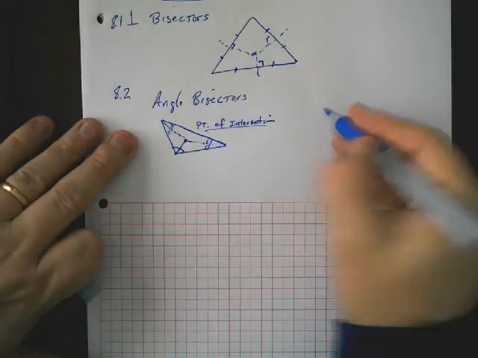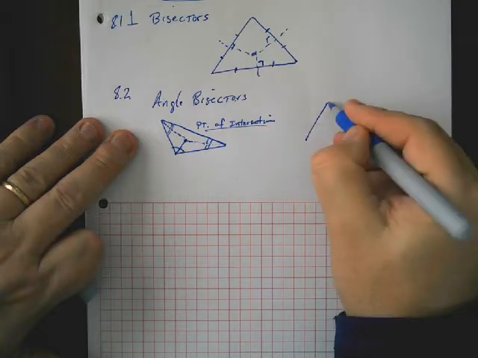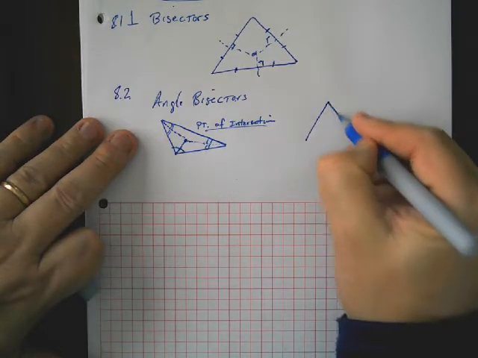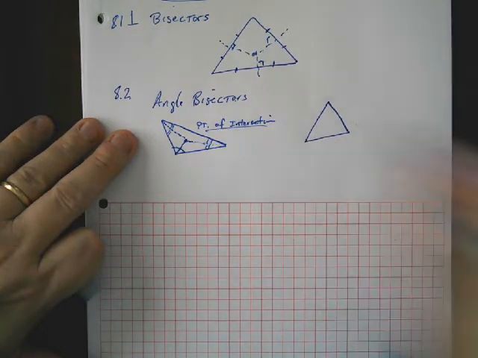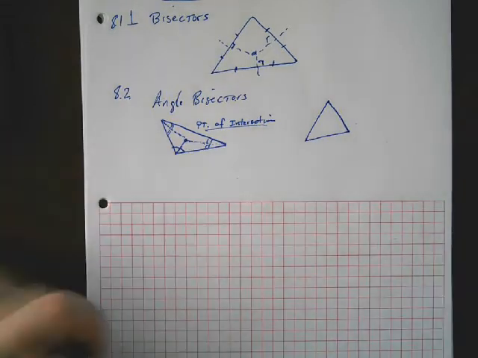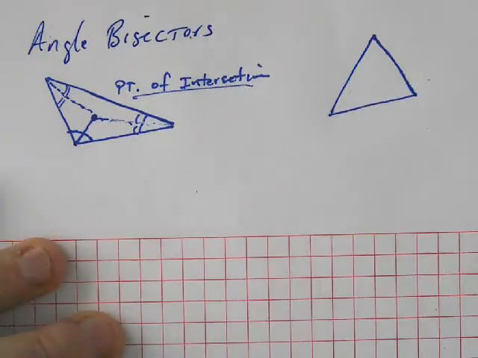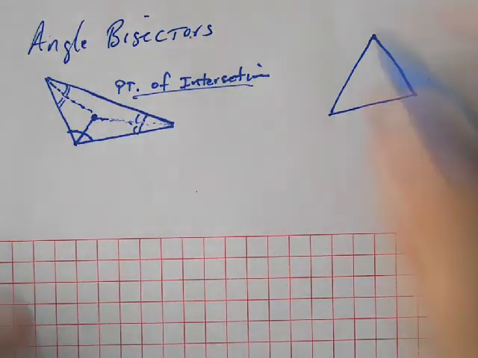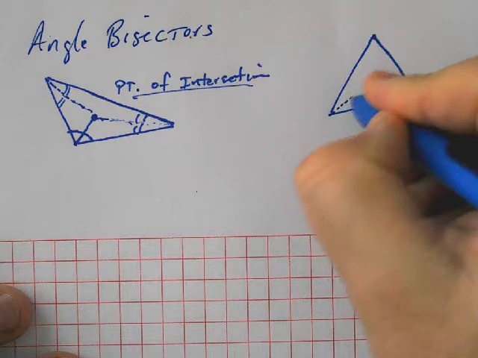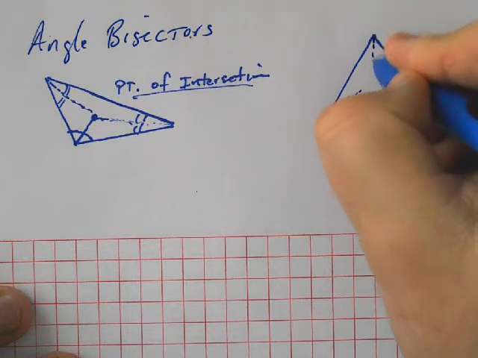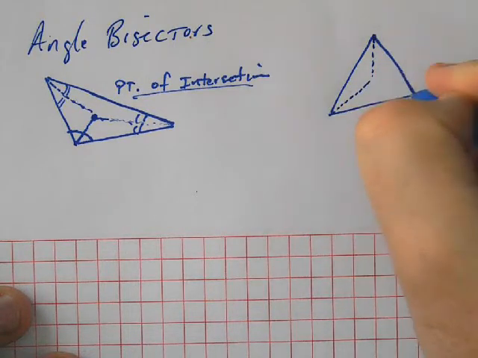Now let's take a look at an acute triangle. Trying not to make an equilateral triangle. Let me focus in just a little bit so that looks a little bigger on your video there. Angle bisectors. Okay, so we go bisect. I should extend that one a little bit.